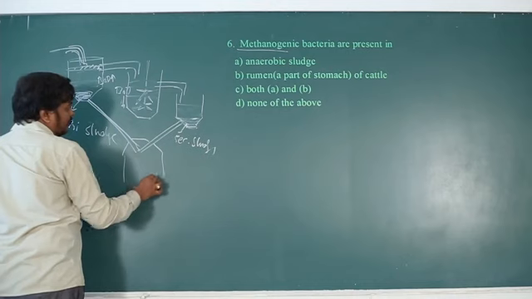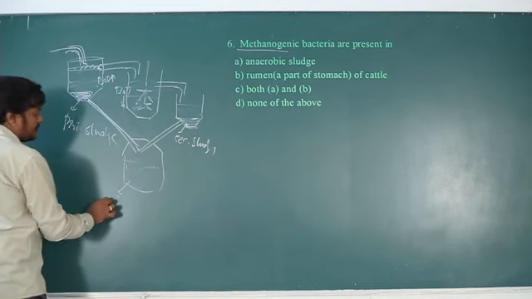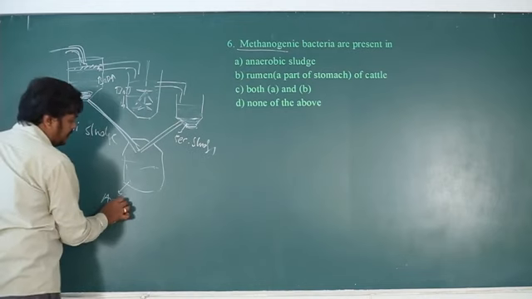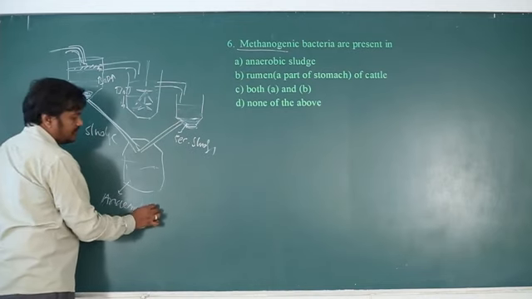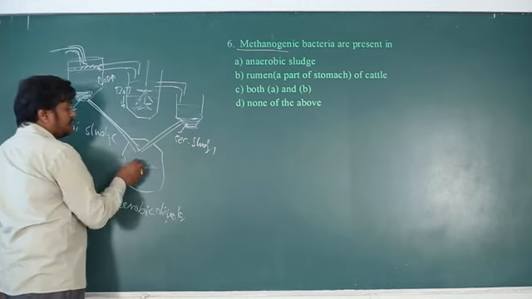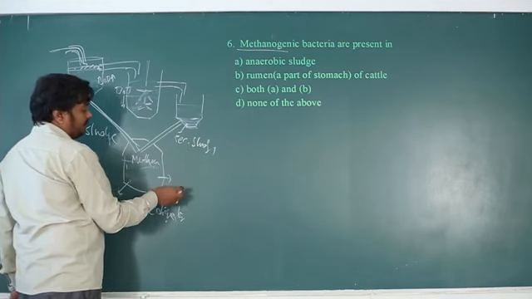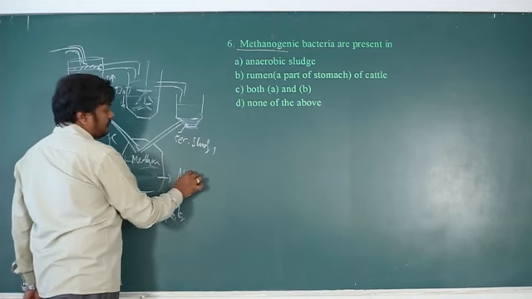That tank is called the anaerobic digester. In this anaerobic digester, methane gas is produced due to the activity of methanogens.